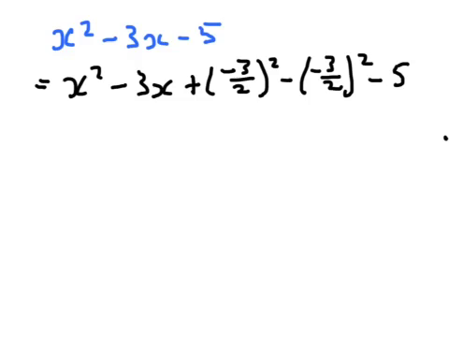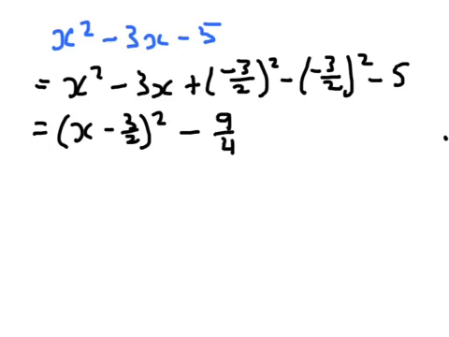Alright, so now we can form our perfect square. It goes like this: x minus 3 on 2 all squared. And now we're addressing this part here, so we've got to be careful a bit. So we're going to subtract negative 3 all squared over 2 squared, which is 9 on 4.